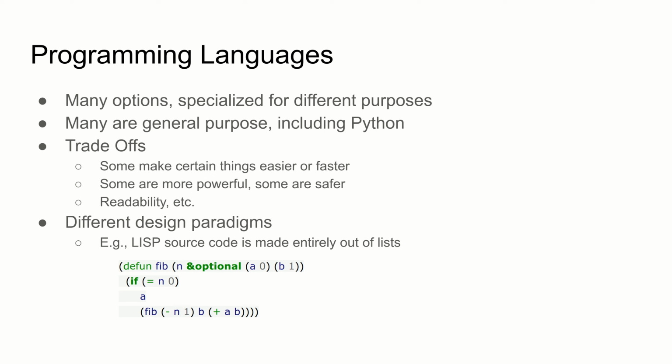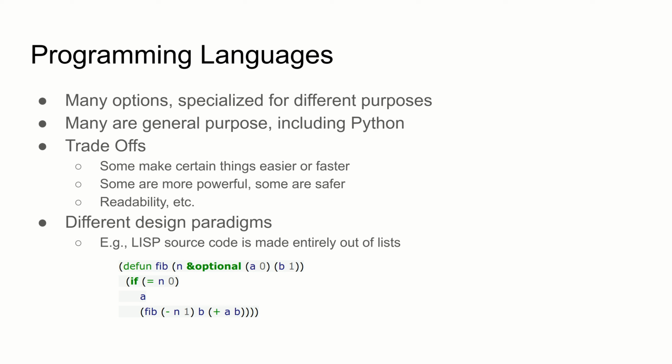There are always trade-offs when we choose a programming language. For instance, some do certain operations faster than others, and some do things in sort of an easier syntax or an easier to read or write kind of way. Some languages do things for you in the background that other languages would require you to do manually.